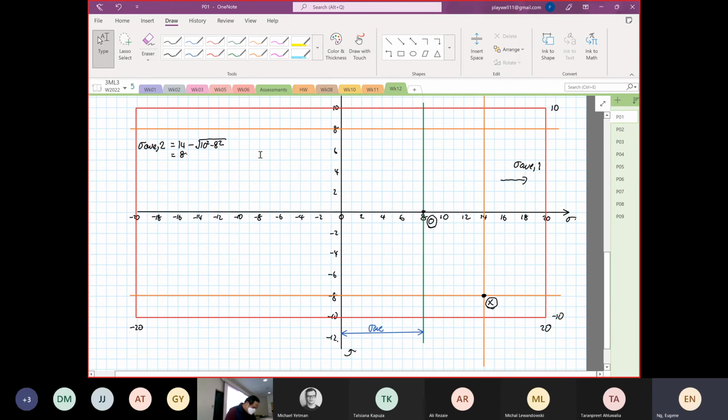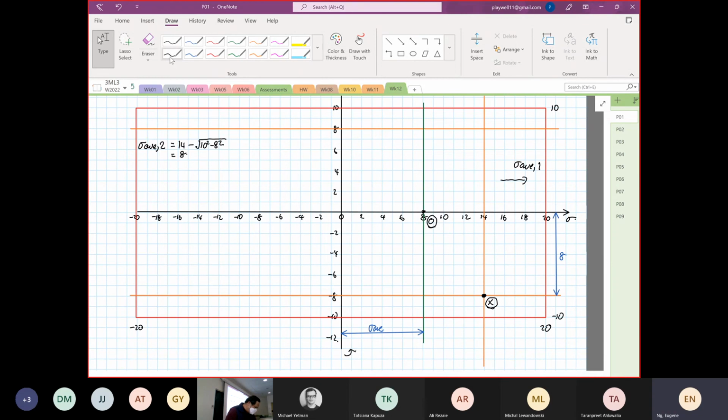Okay, because we know that this height over here is equal to 8.